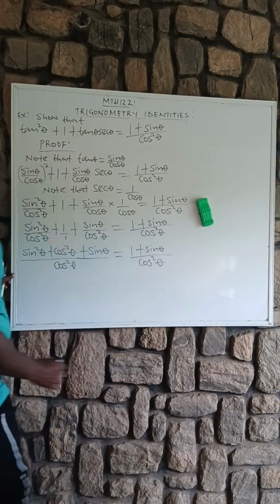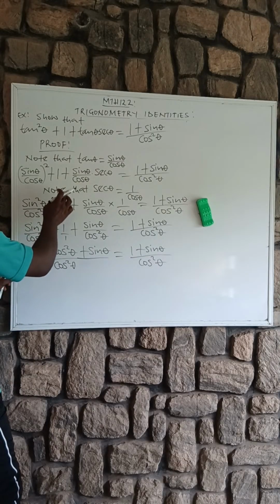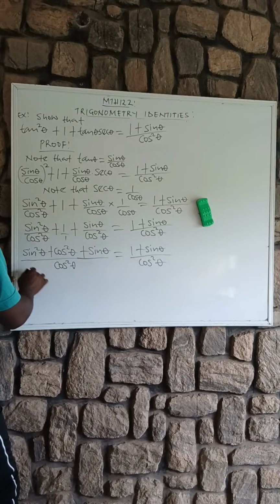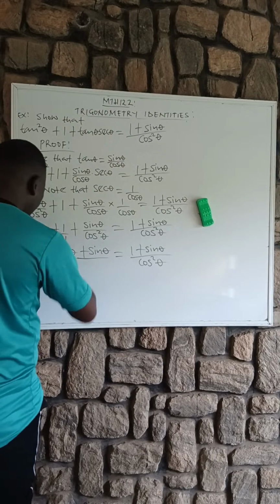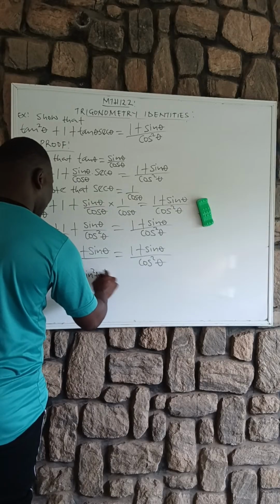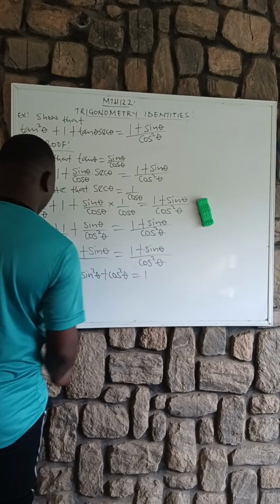Then let's come back here. Note that sine square theta plus cos square theta is always 1.